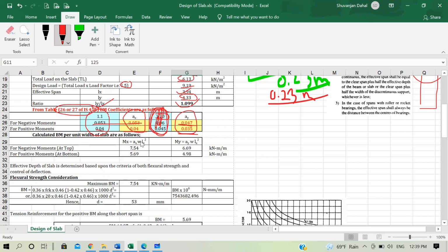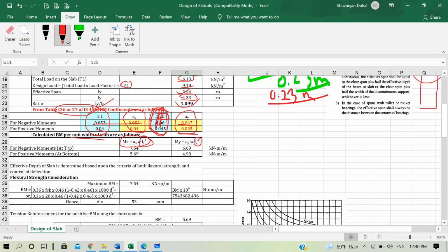Now using these coefficients, find the bending moment per unit width. And you can remember our formula is alpha x w into Lx square for mx, and for my alpha y w into again Lx square. Remember this Lx square on both. So find the moments mx and my based on these coefficients.